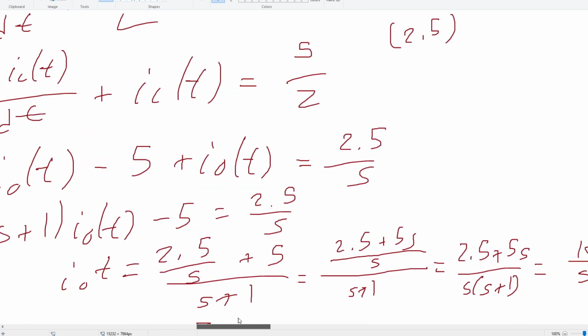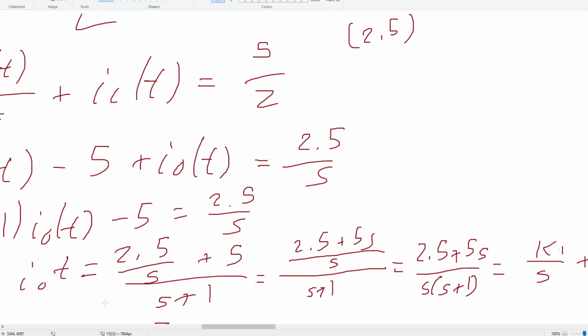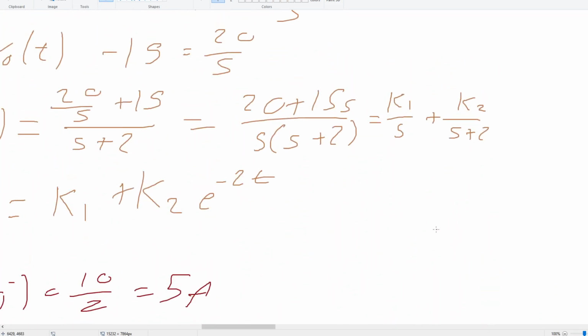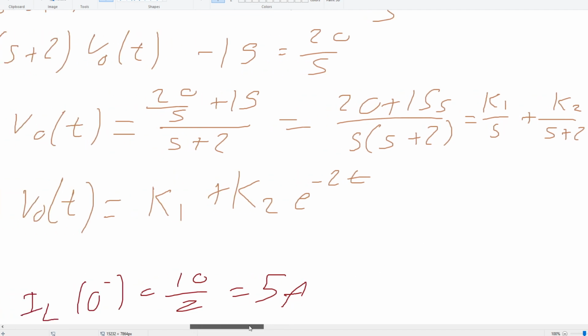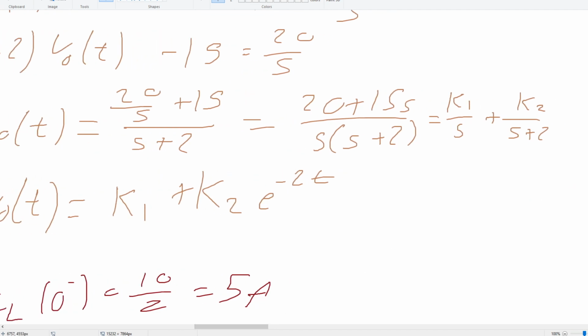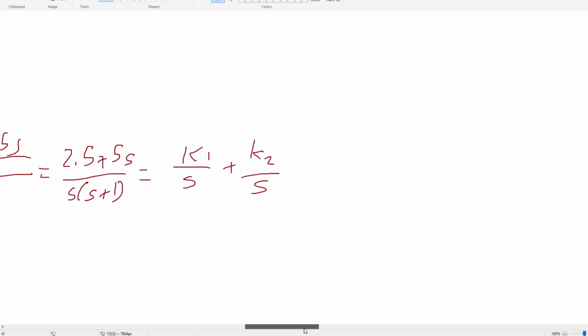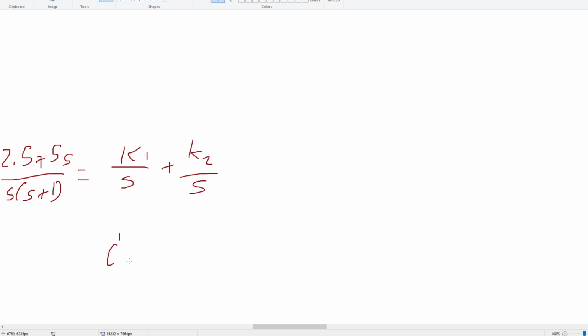V, or is it not V? It's I0t. Let me see what we write over here. I think it's, yeah, V0t. So this one's going to be I0t. I0t is equal to K1 plus K2 over s plus 1.